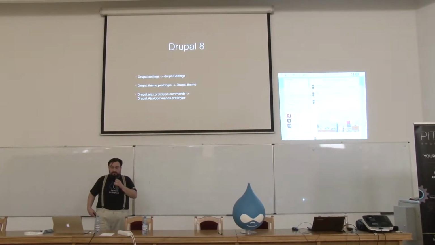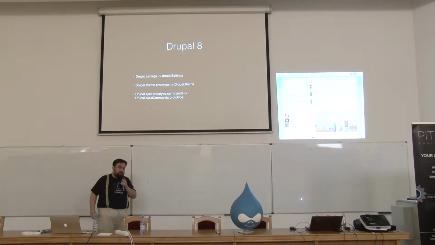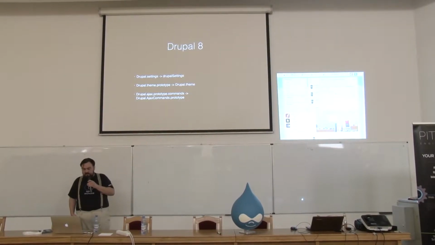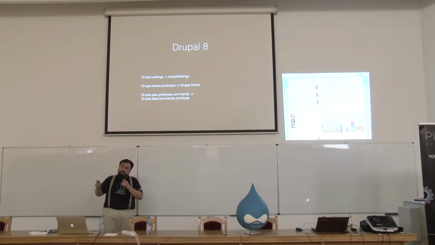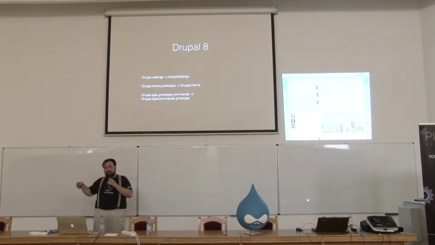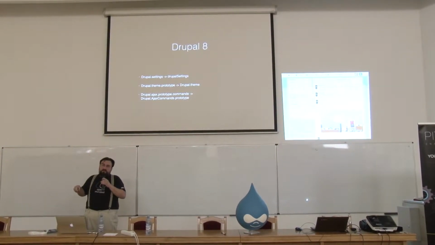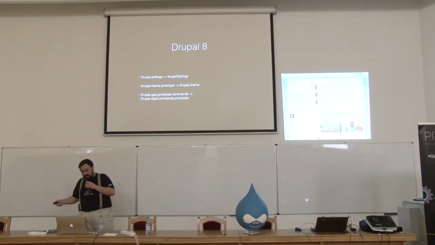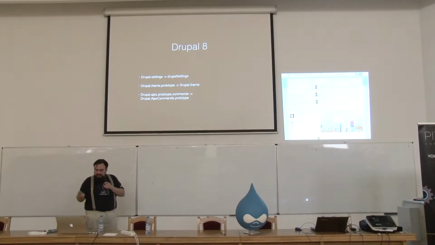You don't need to define a prototype to define a theme anymore. Now you have to define a method for theming. Before, Drupal.theme.prototype was just basically a list of all the theme implementations. The Ajax commands are also in a shorter namespace.